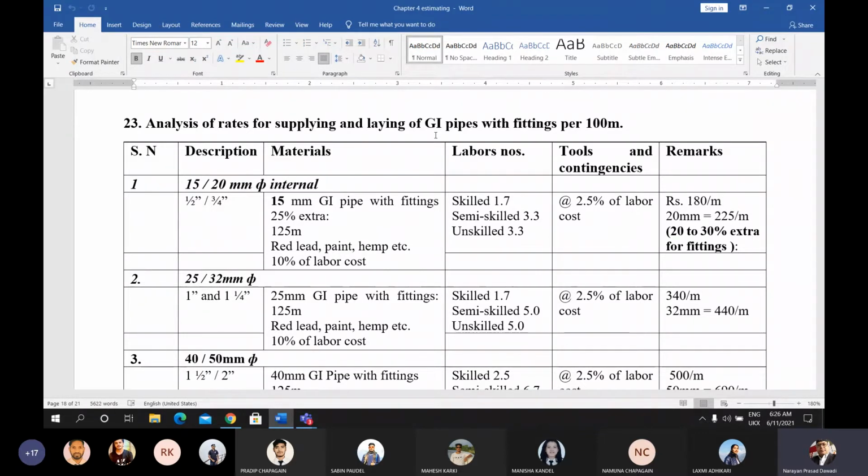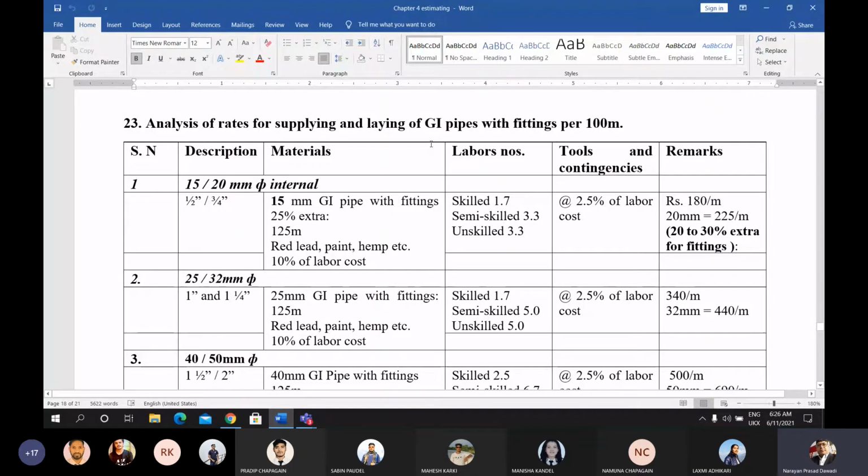Okay, because the cost of the fittings is also very expensive, so we have to provide some fittings: sockets, elbow, tee, union, nipple, gate valve, and different types of bulbs can be used for fitting the GI pipes. For such things, I have provided a 25% extra length cost.